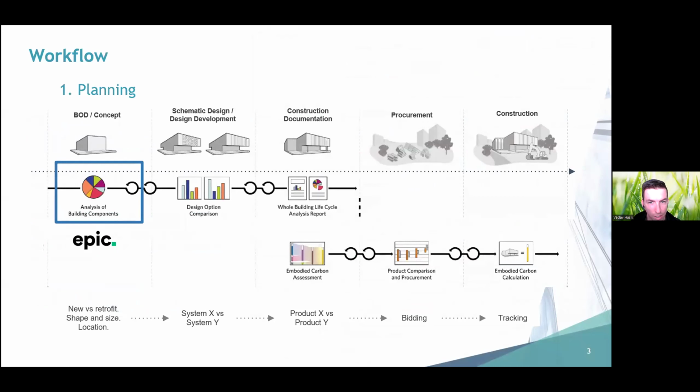Now let's go over the basic overview of how you can use some of these tools in the design and construction process. So in the early planning stages, you can use some of the whole building LCA tools like Tally LCA, Athena Materials Institute, Impact Estimator.